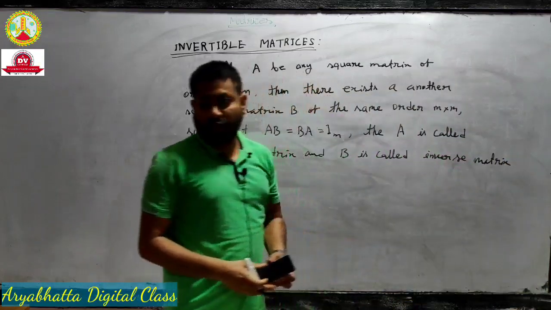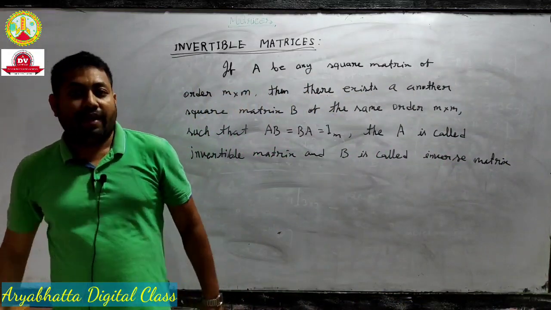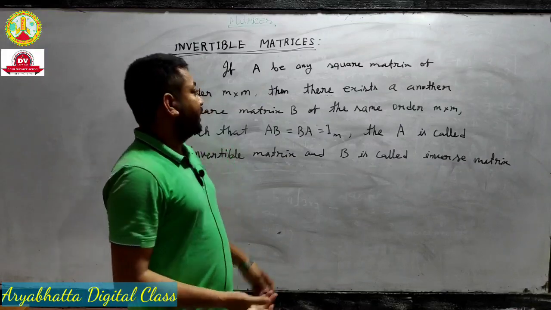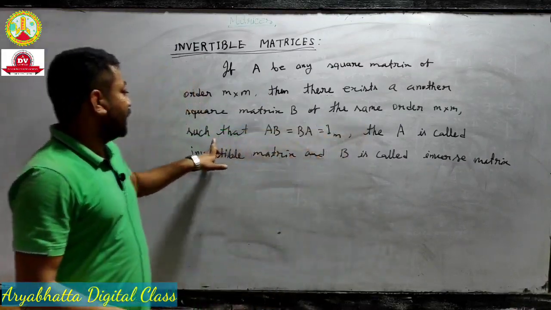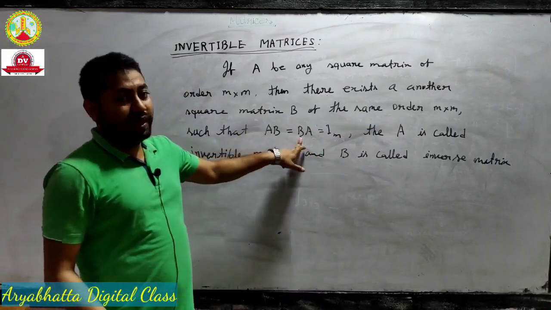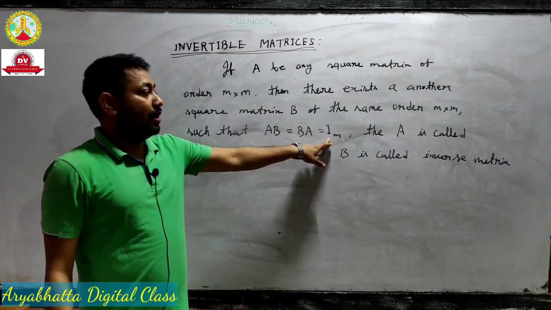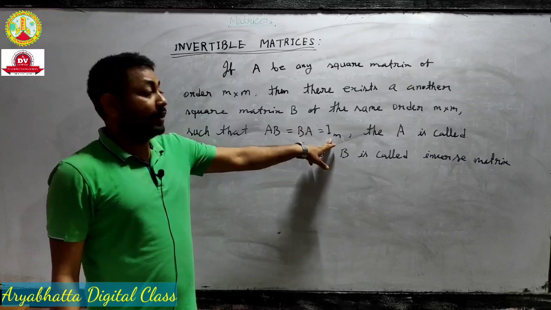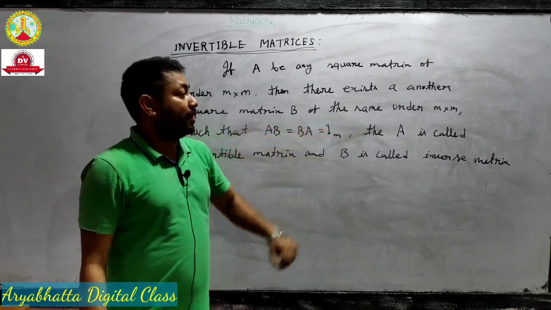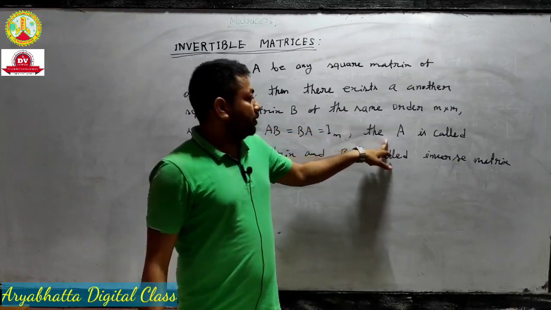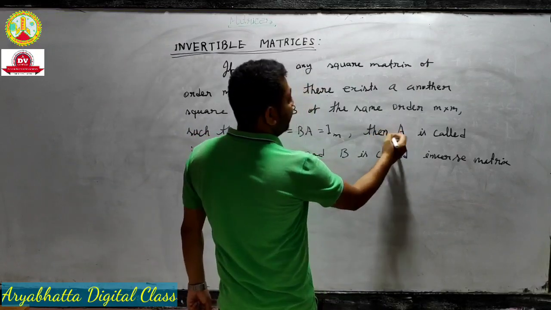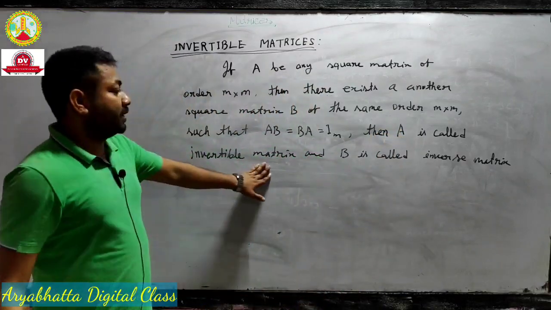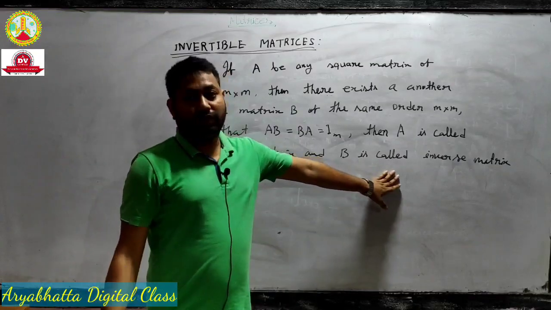If A is a square matrix of order m, and there exists another square matrix B of the same order m by m, such that AB equal to BA equal to I, the identity matrix of order m by m, then A is called an invertible matrix and B is called the inverse matrix.